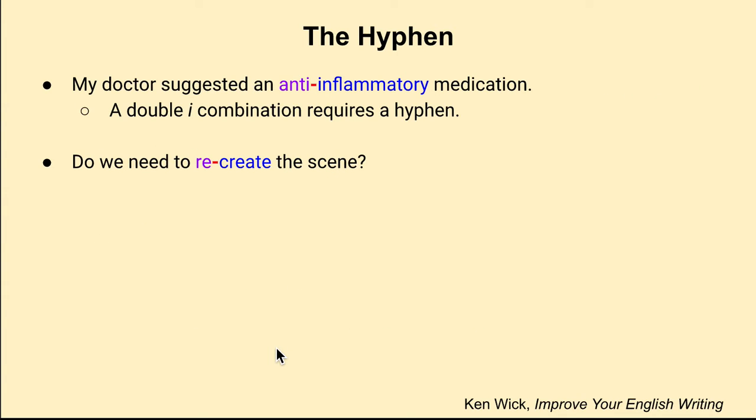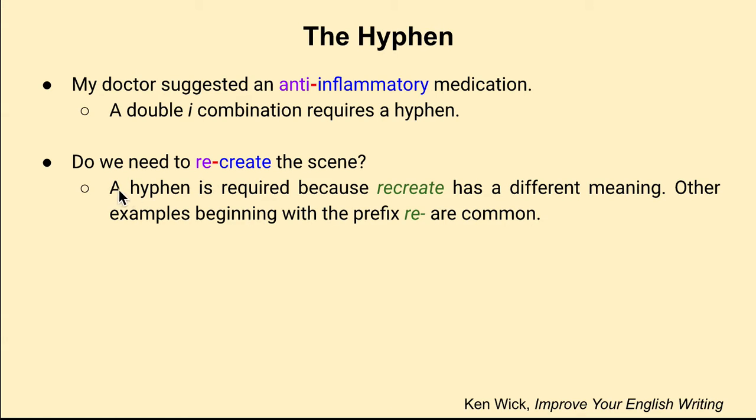Another case where it might be misread is: do we need to re-create the scene? So re-create needs a hyphen. Remember, most prefixes don't require a hyphen, but here we need one for clarity, because without the hyphen, it would form the word recreate, which has a different meaning.